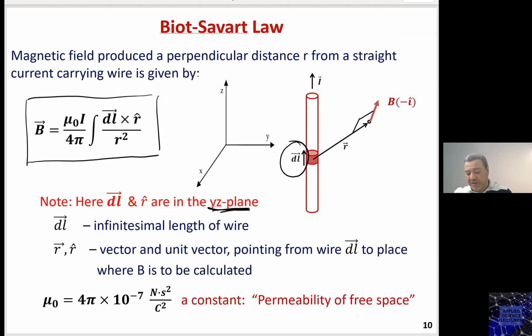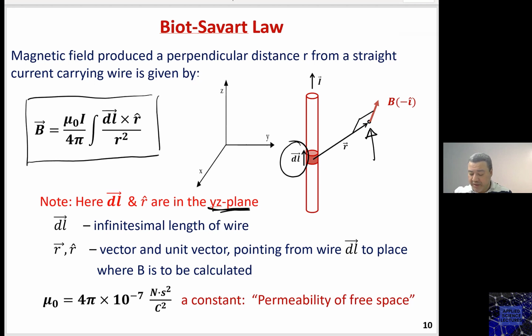And if I use the right-hand rule where the thumb is pointing toward the current and the fingers are curling in the direction of the magnetic field, right at this location to the right here, I can see that the magnetic field is pointing in the direction of the negative x-axis.